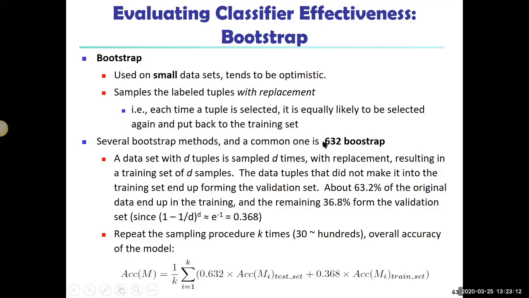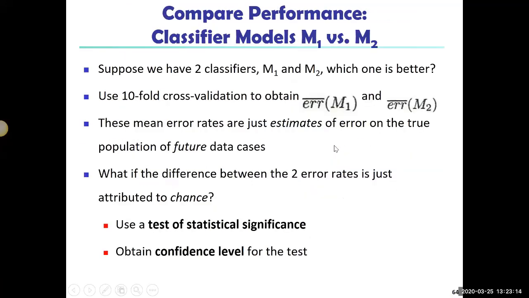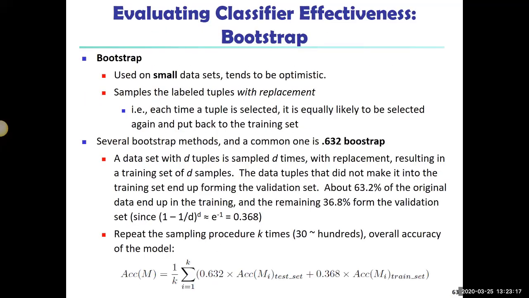The most common one is called the .632 bootstrap. We have a data set with D tuples and sample it D times with replacement. Our resulting training set is again D samples. Some samples in this set are redundant, the same tuple being sampled multiple times. This set is used as the training set, and the rest of the data will be the test validation set.